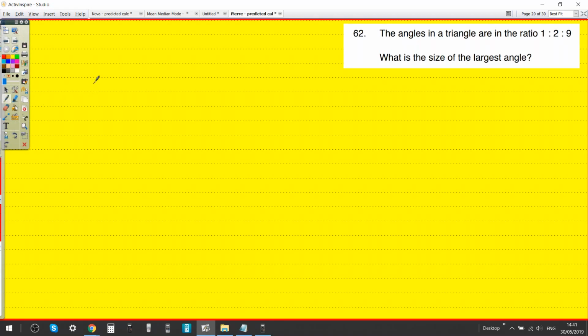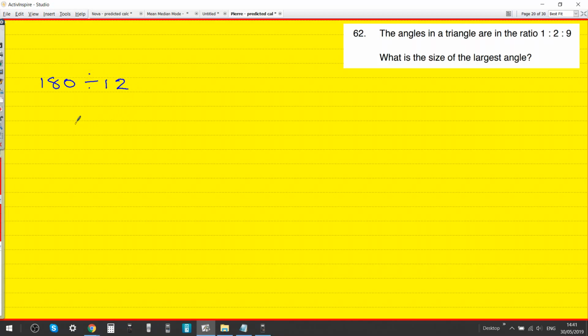The ratio is 1, 2, 9, and that's the size of the largest angle. So basically, we have to add up all the parts, which is 1 plus 2 plus 9, so it's 12 parts. So 180 divided by 12, so each part is 15.